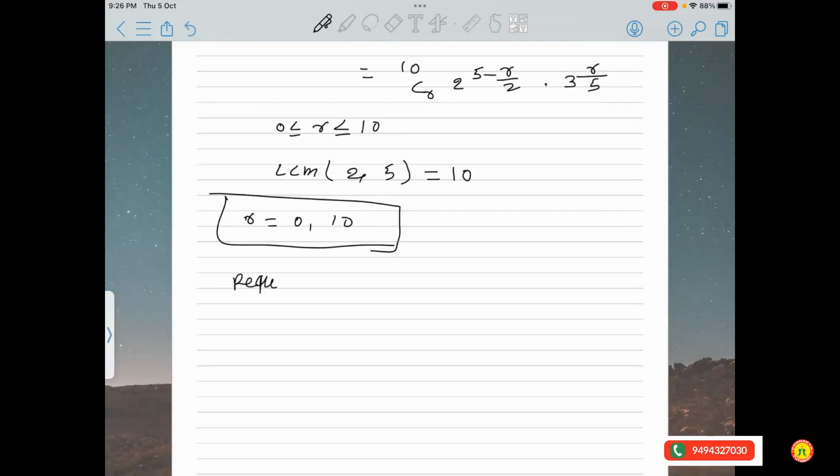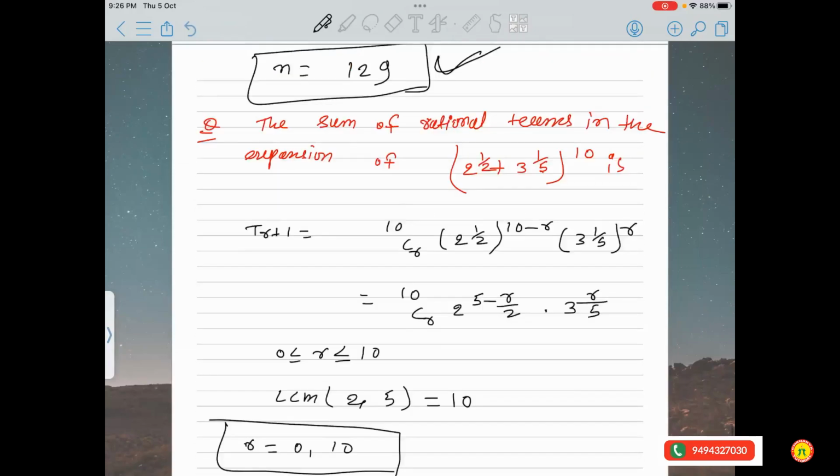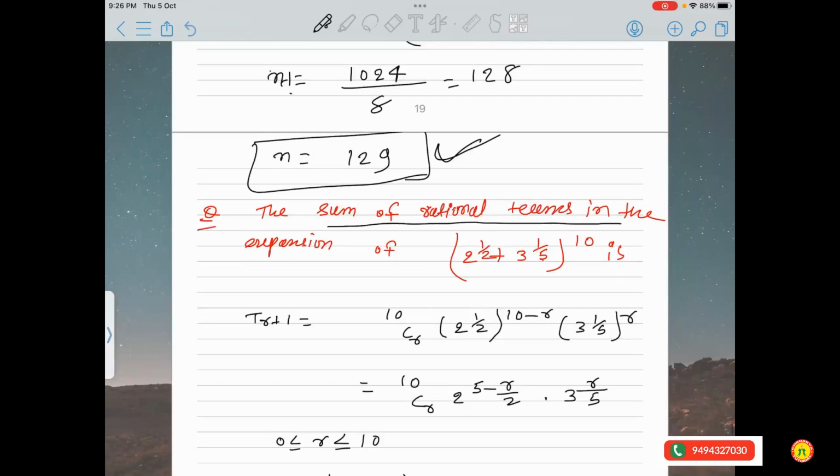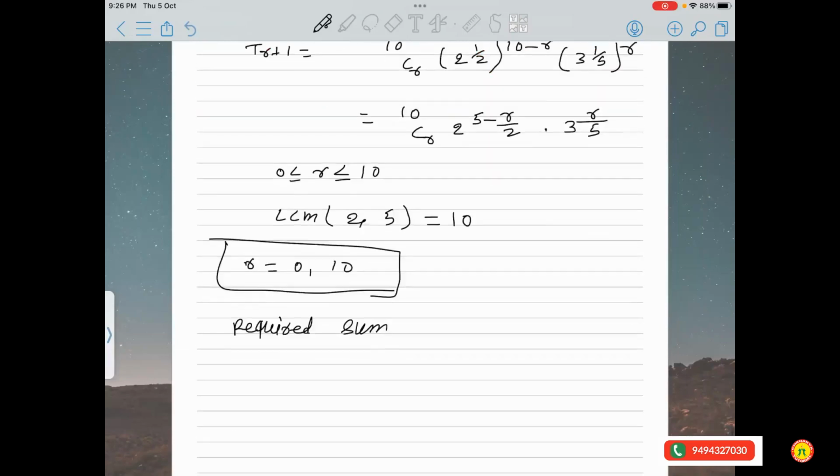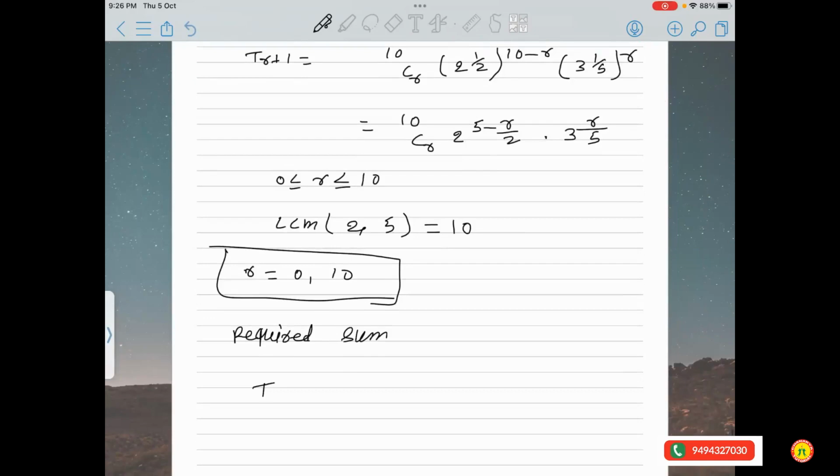The required sum: the question is asking the sum of rational terms. Which rational terms? Tr plus 1, it means T0 plus 1 and T10 plus 1. It means T1 plus T11, right?